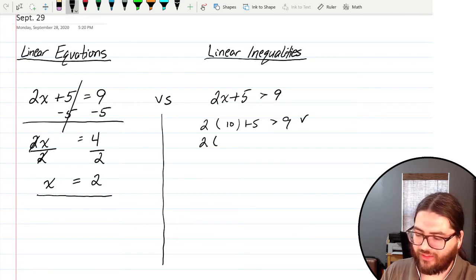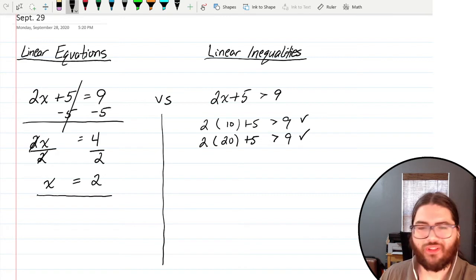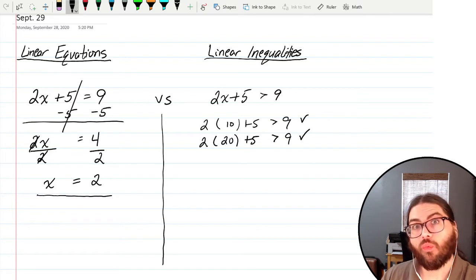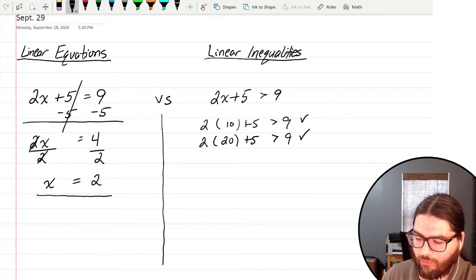But I could plug in lots of different numbers. 2 times 20 plus 5 is also greater than 9. So 20 is also a solution to this linear inequality in a way that we didn't see with equations. Linear equations had one and only one solution to them, whereas linear inequalities will have many.